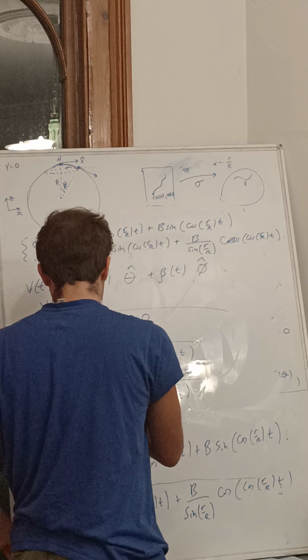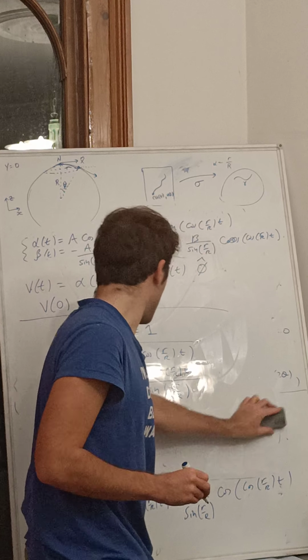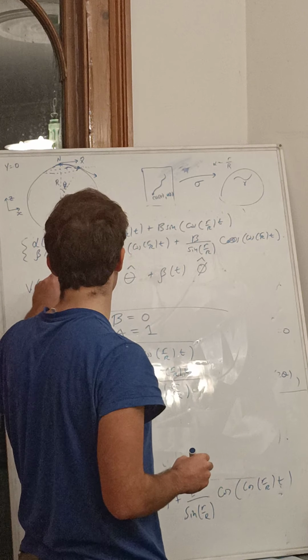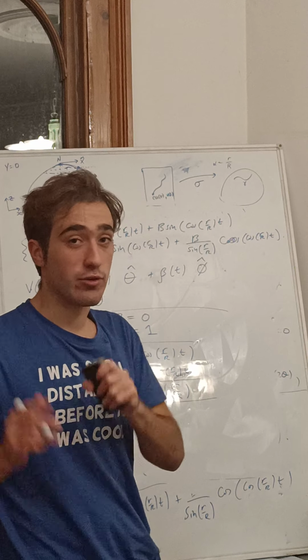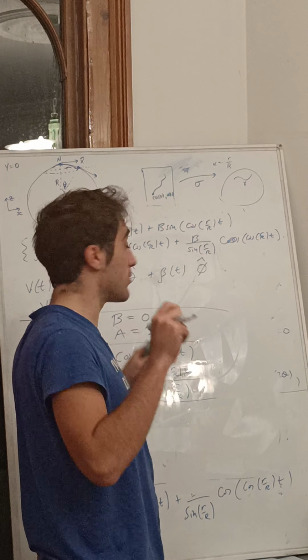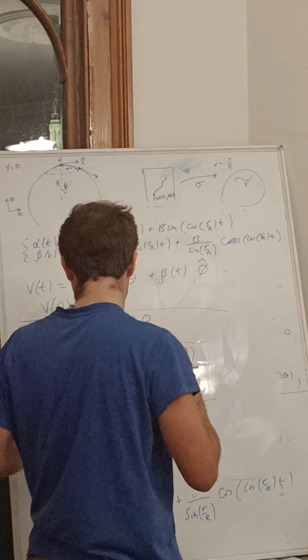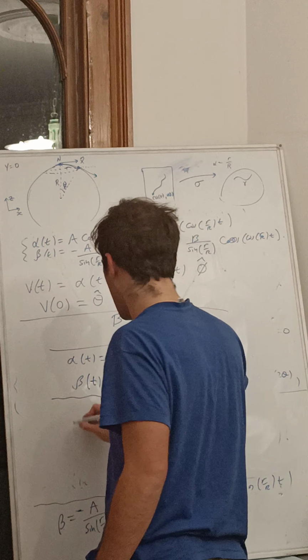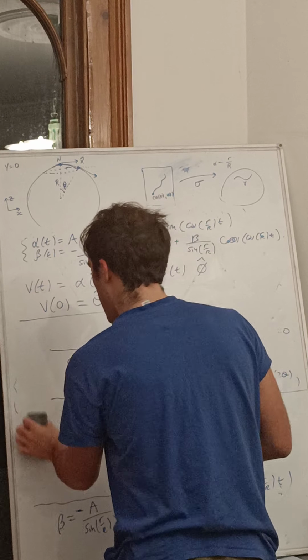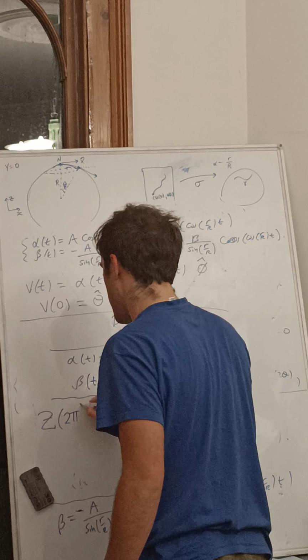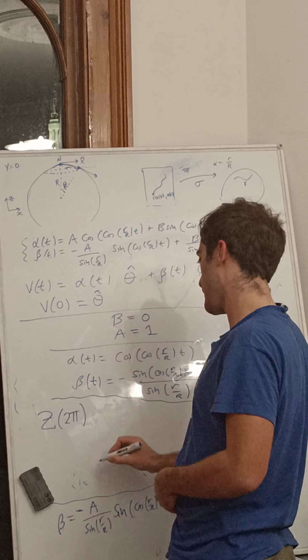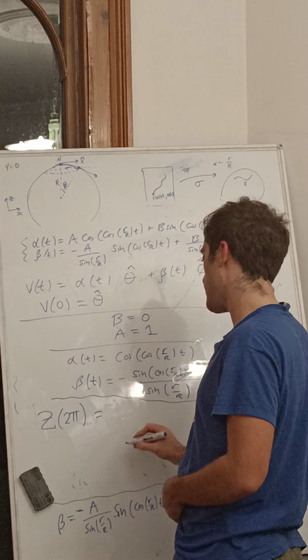Okay, and so now all we have to do is plug in t equal to 2 pi, right? And that's the parameter value we want because phi was equal to t. So in the general relativity notation in this course, it's z of 2 pi, that's the notation that's used.